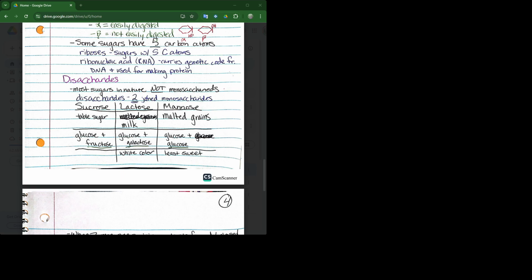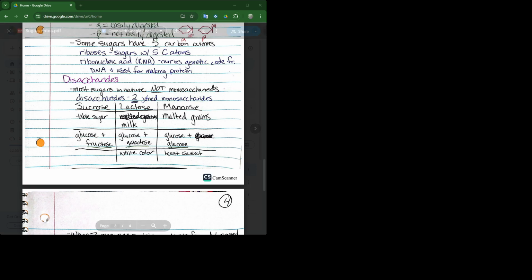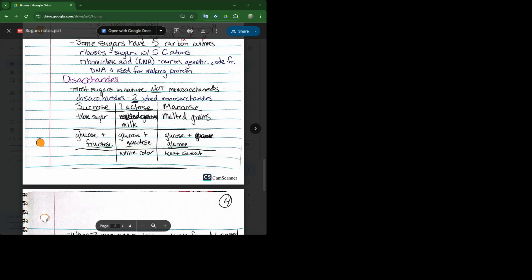And so lactose is easy because it has galactose. It sounds a lot like lactose. And so I just need to learn that sucrose has fructose as its second sugar, and maltose has glucose. And I wrote the wrong thing here. I just realized that. Maltose should be here, not mannose. Maltose. So, if you're copying my notes, fix that. It's maltose.